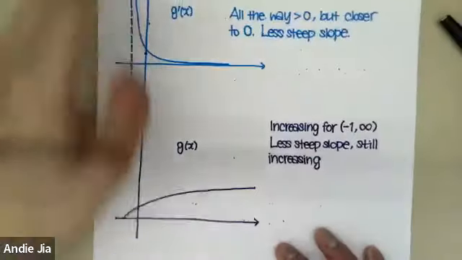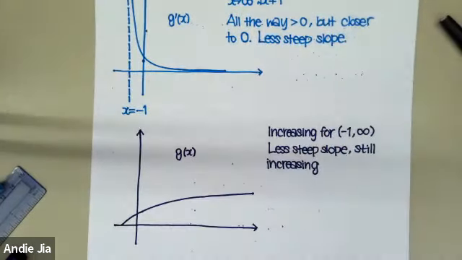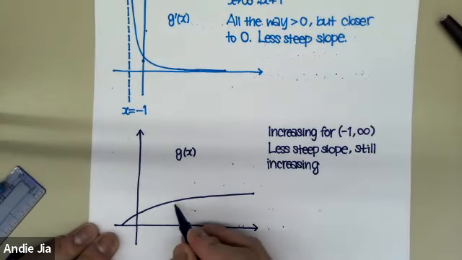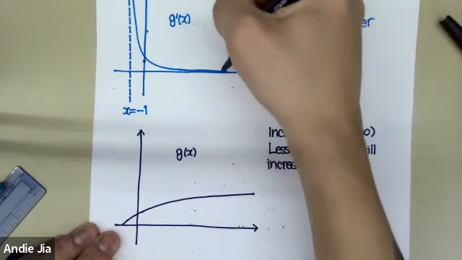So this is the graph of g of x and g prime of x. You can see it's increasing less, with a less positive slope, right?